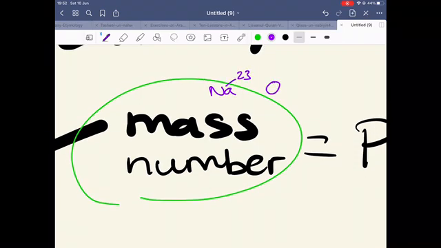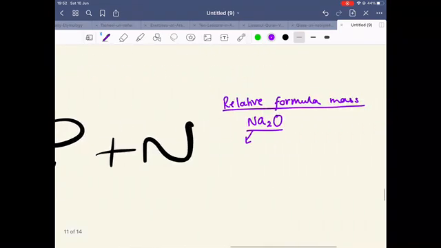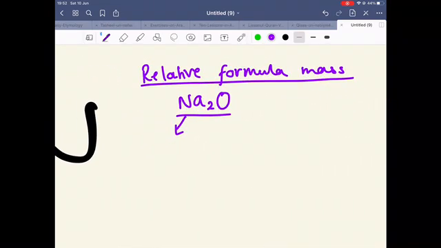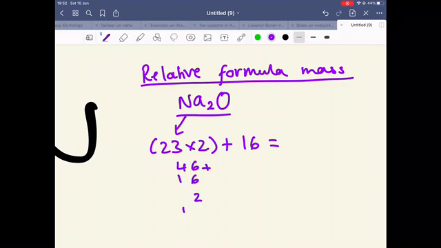So for your relative formula mass you're going to add up these mass numbers. There are 2 sodiums in this formula, so you do 23 times 2 plus 16, and that gives an answer of 62. And that is how you do relative formula mass.